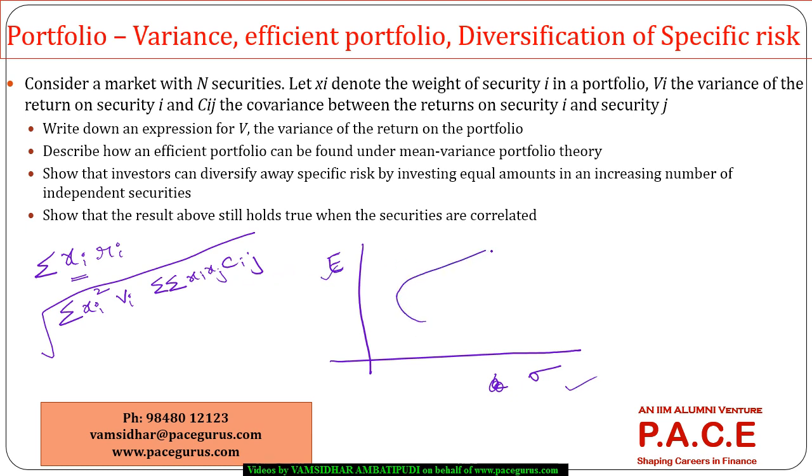Generally the graph comes out something like this. When I plot the minimum standard deviation versus the expected value, a curve comes, and this is what we call the portfolio frontier.